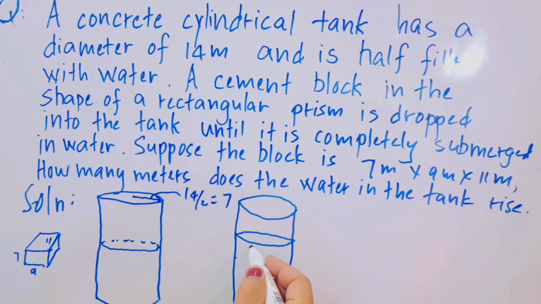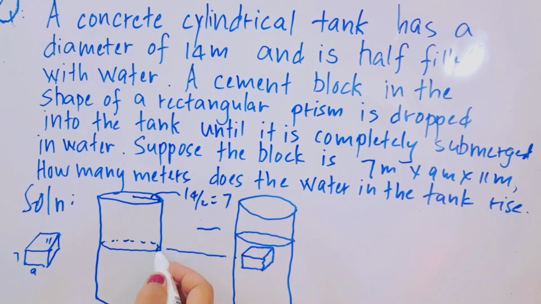So the block is completely submerged inside the water. That means there is a height difference from the original to the new height, which is equal to h. We designate it as h.